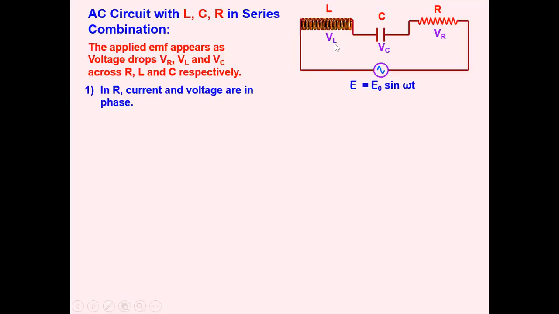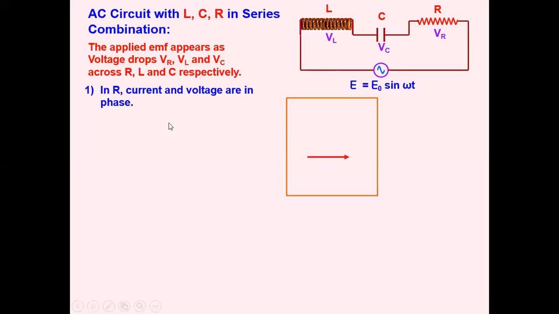Similarly, VL equals minus I XL, because the same current passes through each of the components since they are connected in series, but the resistance offered by each of them is different. That's why the voltage across the inductor, capacitor, and resistor will be different. In series, if you add up all these voltages, the sum must be equal to the supply voltage, E naught sin omega t.